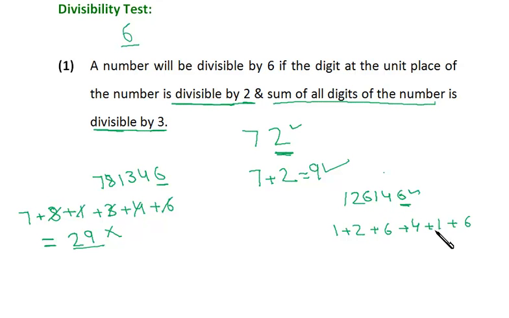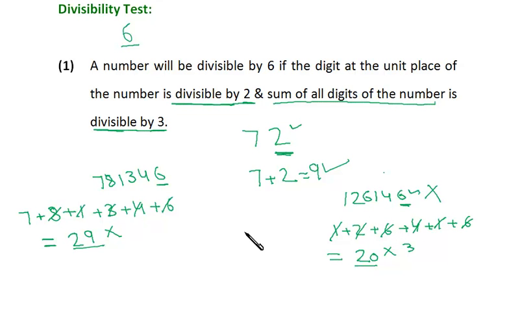I missed this one out, so I put it over here, right? Okay. So that's 1 plus 2, that's 3. 3 plus 6, that's 9. 9 plus 4, that's 13 plus 1, 14, and 14 plus 6, that's 20, and 20 is not divisible by 3. That's why this number is not divisible by 6.